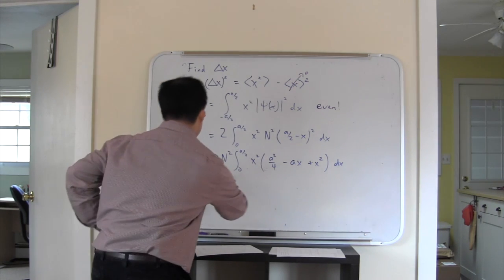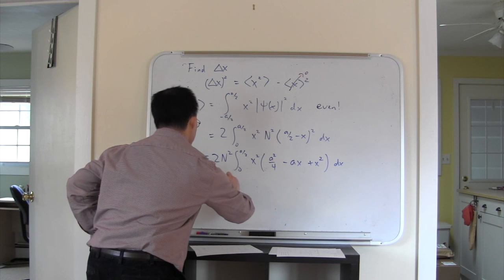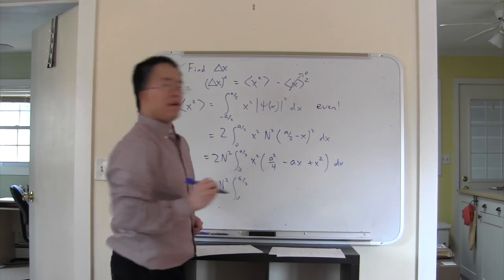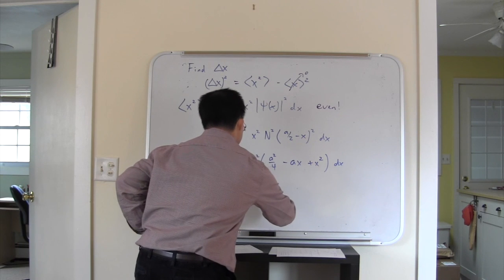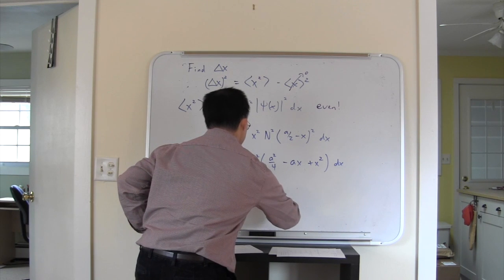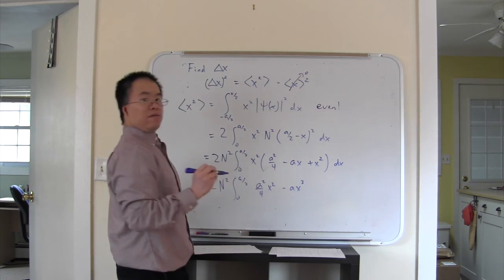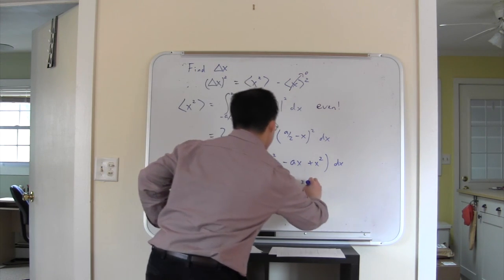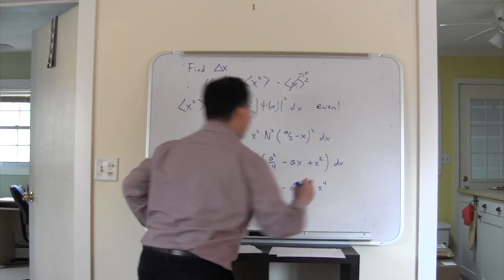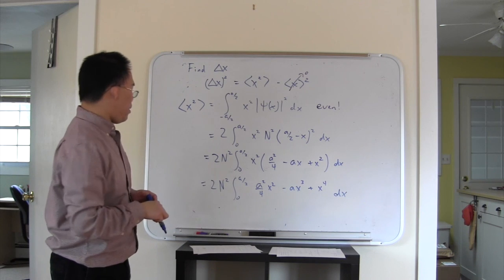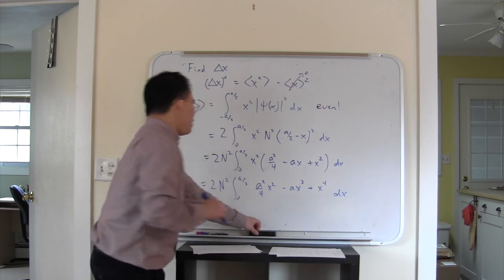Multiply in the x squared here. So that gives me a squared over 4 x squared minus a x times x squared is x cubed plus x to the 4th dx. It's another polynomial, so let's evaluate it.